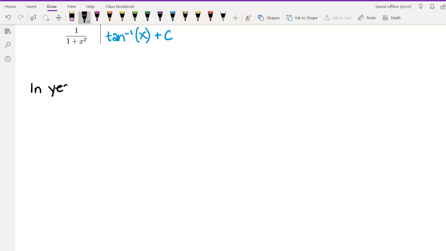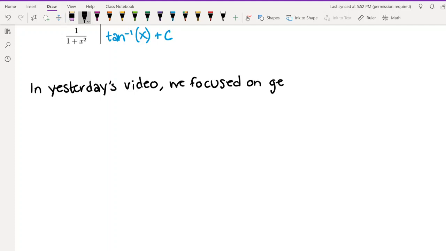In yesterday's video, we focused on finding general antiderivatives. What do I mean by that? I mean basically the plus c, meaning the most general antiderivative. It's always going to include plus c.